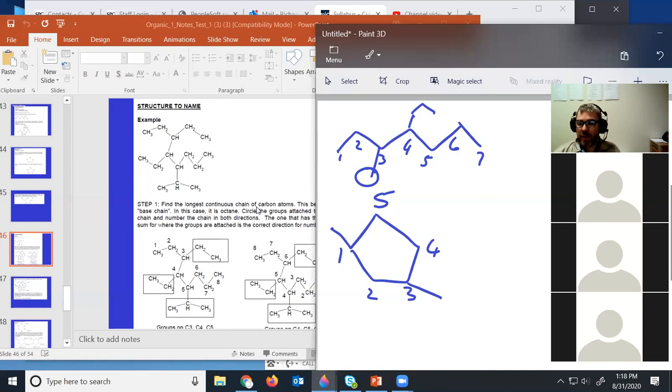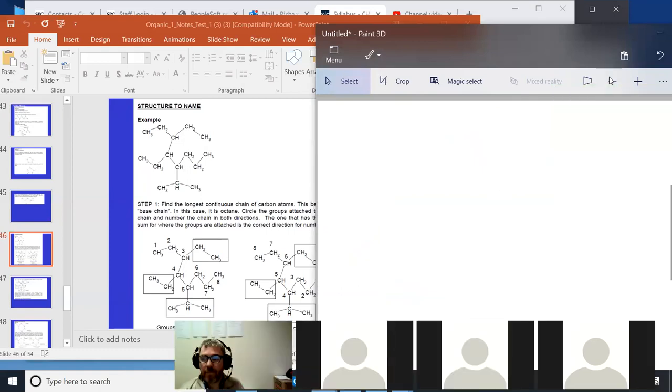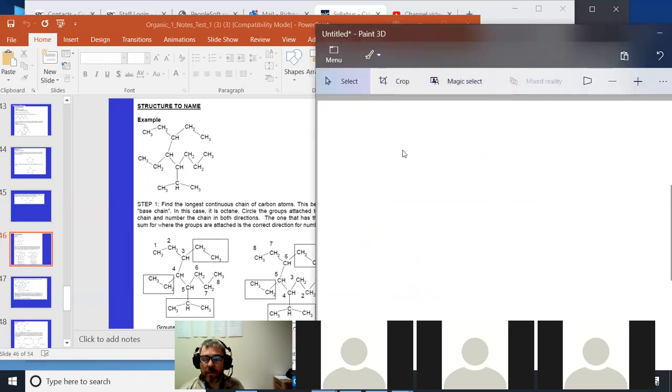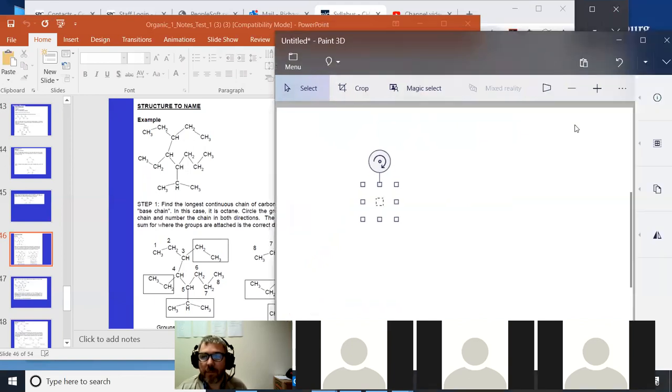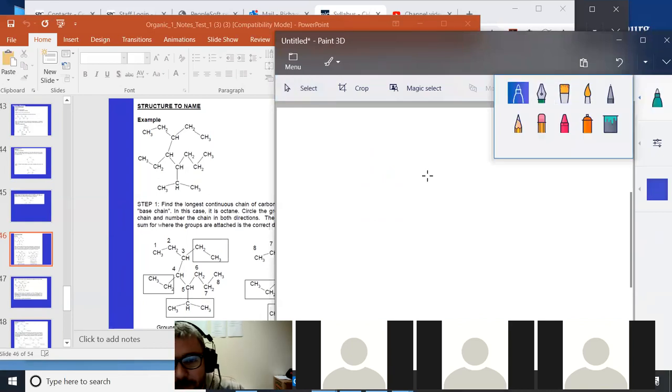Okay, so going from structure to name, now that's a little bit more hairy. Okay.